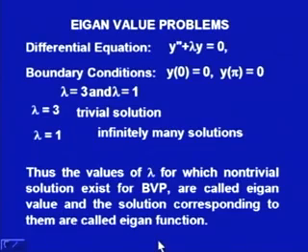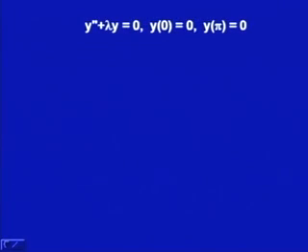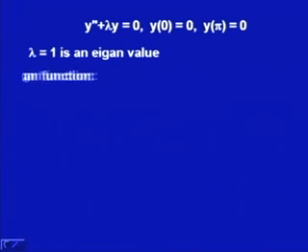Now this problem we would call an eigenvalue problem. Again summarizing: y double dash plus lambda y is equal to 0, y at 0 is 0 and y at pi is equal to 0. Lambda is equal to 1 is an eigenvalue and the corresponding eigenfunction is C2 sin x.